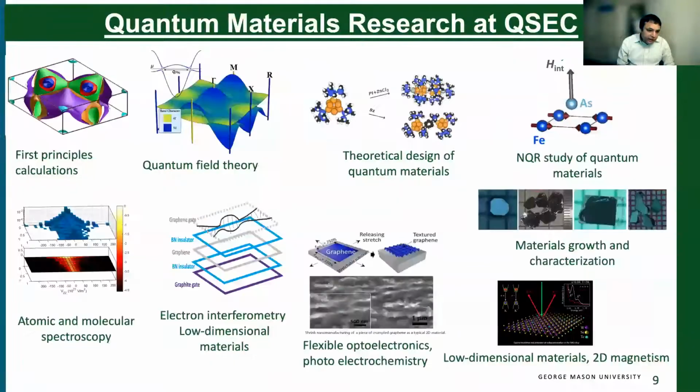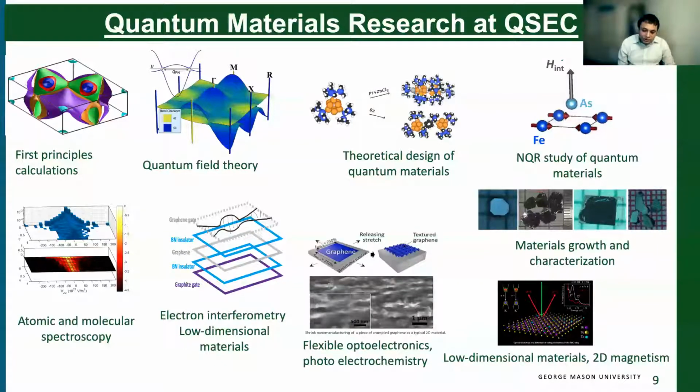And we are working on various different aspects of quantum materials, from first principle calculations to quantum field theory, theoretical design of quantum materials, and NMR study of these quantum materials, growth, characterization, low-dimensional materials, 2D magnetism, flexible optoelectronics or photoelectrochemistry, electron interferometry, then atomic and molecular spectroscopy. But I cannot cover all these things.